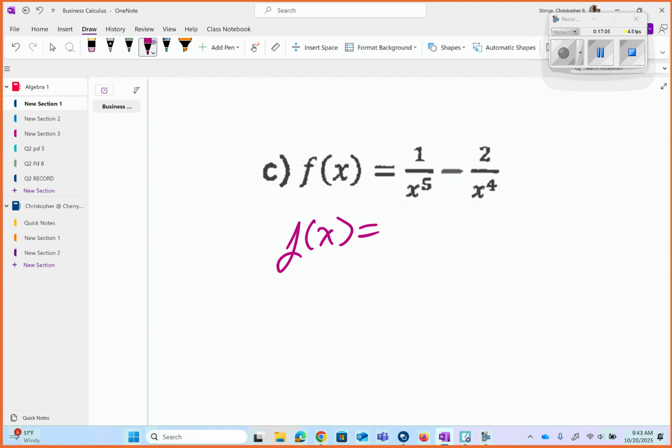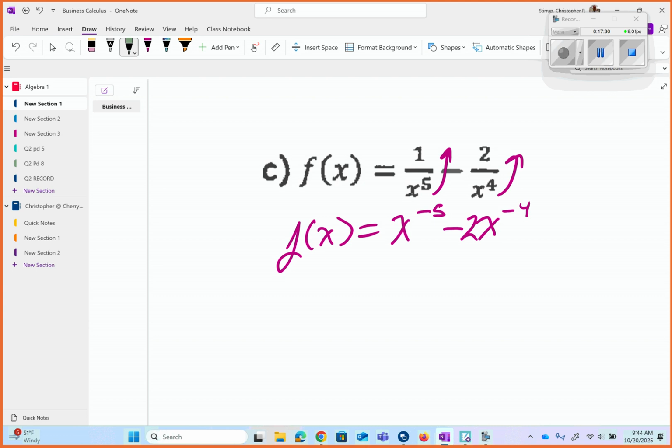If I wanted to move this up, I'm going to get x to the negative 5. If I want to move this up, I'm going to get 2x to the negative 4. Okay? If I move a fraction from the bottom to the top, the sign of the exponent changes. If I move it from the top to the bottom, the exponent sign changes.